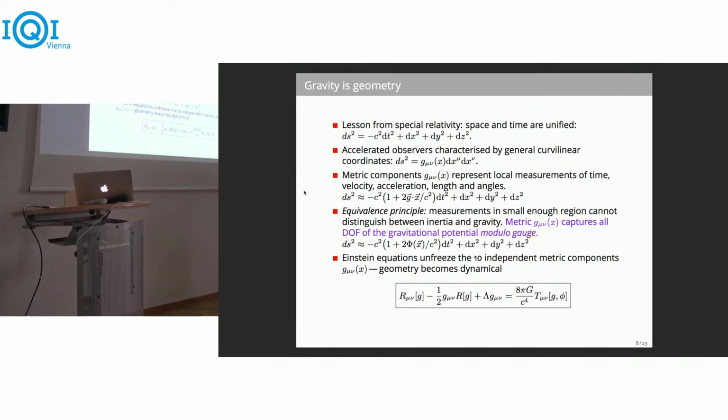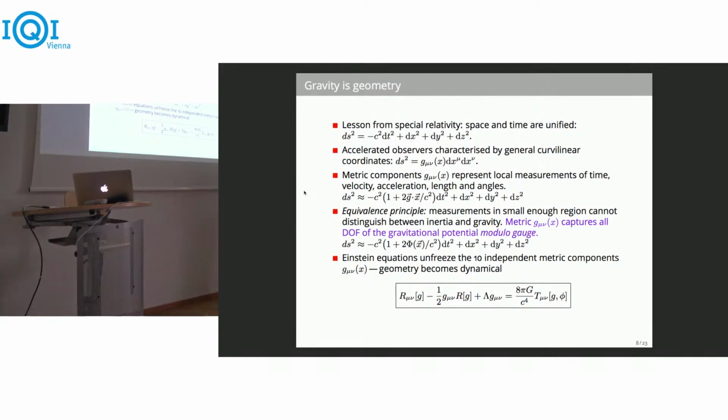And that, combined with the equivalence principle, brought Einstein to think that the gravitational degrees of freedom are encoded in all components of the metric tensor, because he inferred from the equivalence principle that to leading order in 1 upon c squared, the space-time geometry is determined by a curved metric that depends on the Newtonian gravitational potential.